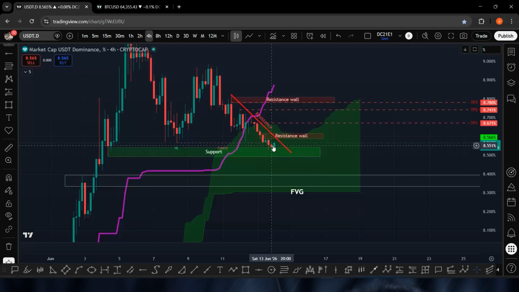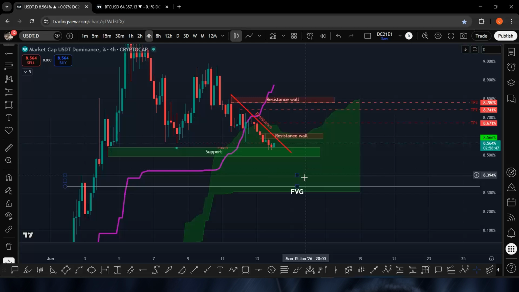Okay, but if we lose this support area here, and confirm below this support, it means we're going downside and we will test this FVG. So going downside on the USDT Tether dominance means Bitcoin will go up.